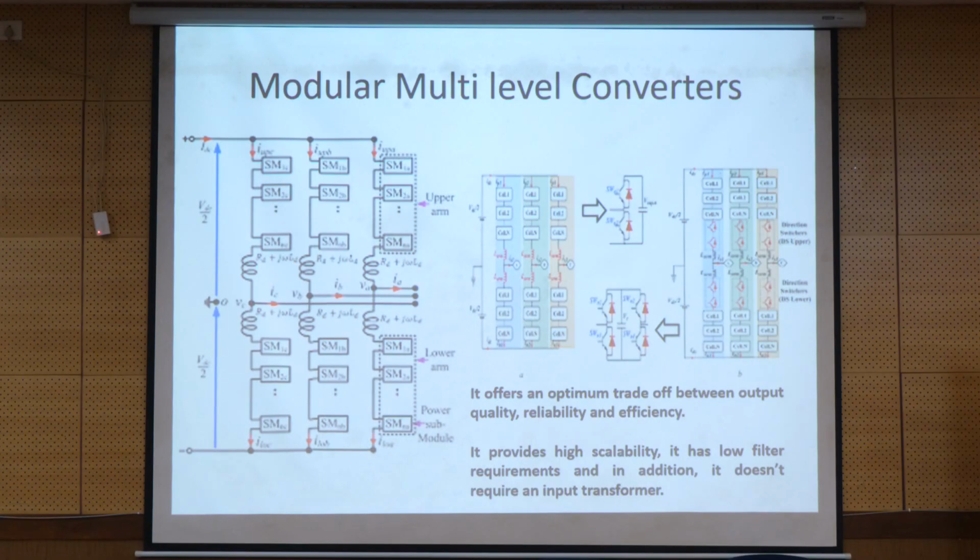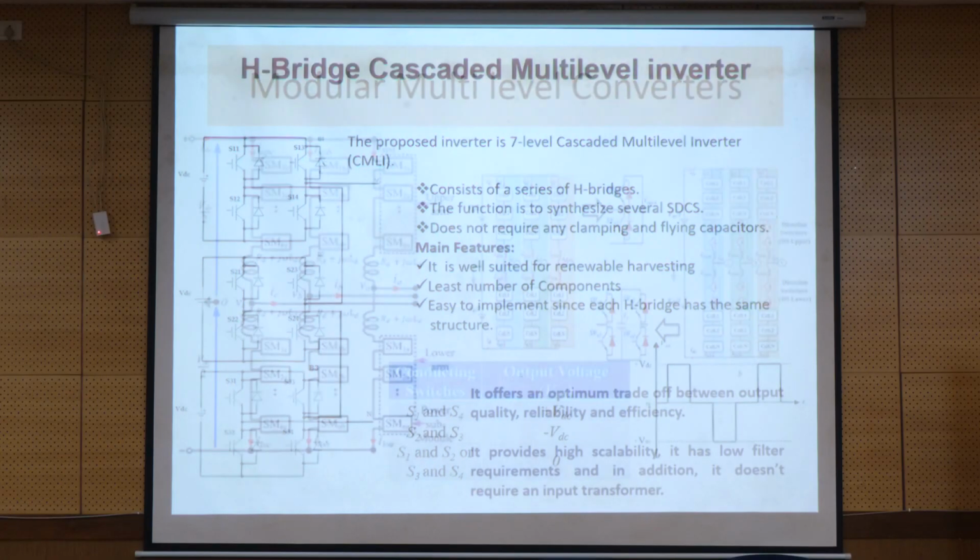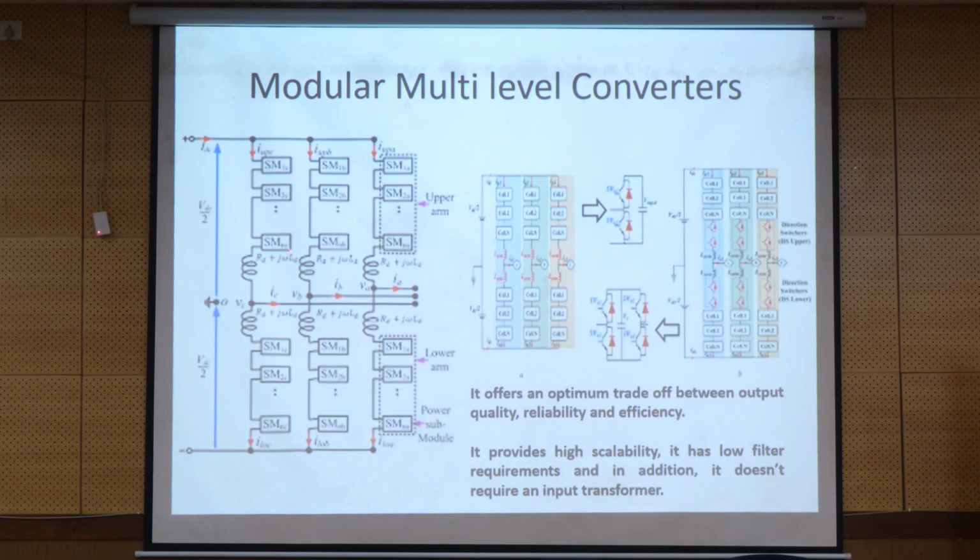Whatever we have seen is for the single phase system. If you have 2 more phases, they are connected in parallel with a phase difference of 120 degrees, and it becomes a 3 phase system. For a 3 phase system, we have these submodules to increase the number of voltage levels to reach the required output voltage and output current.